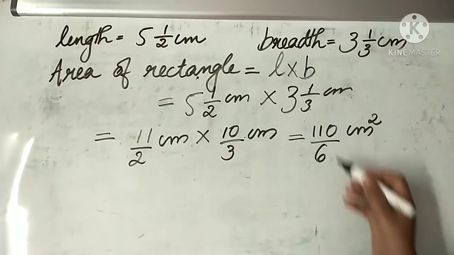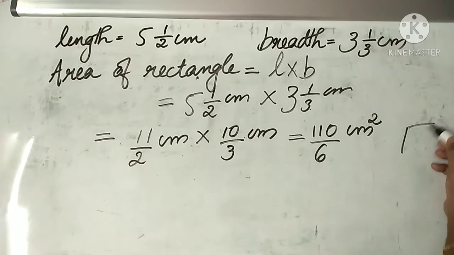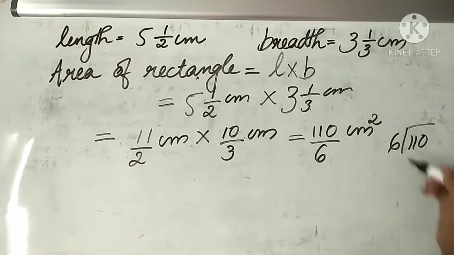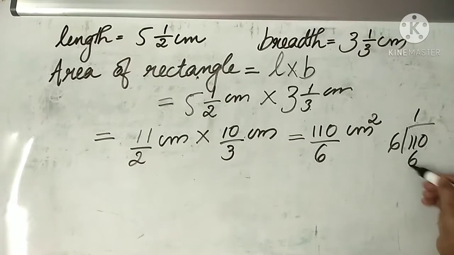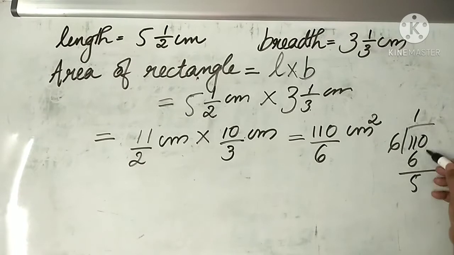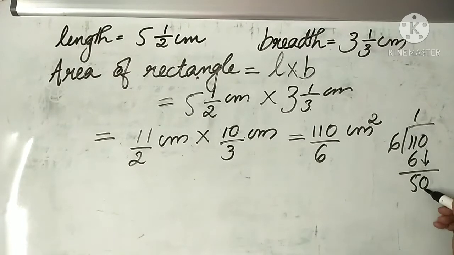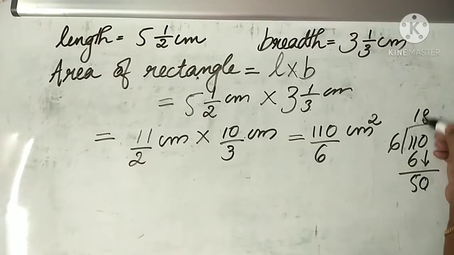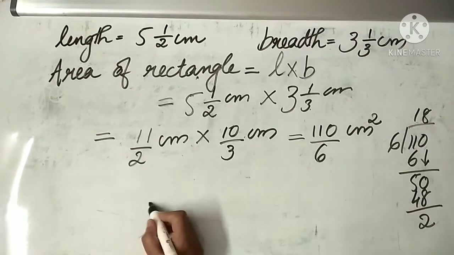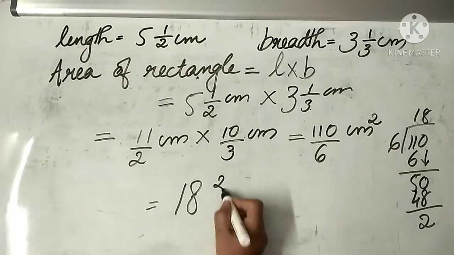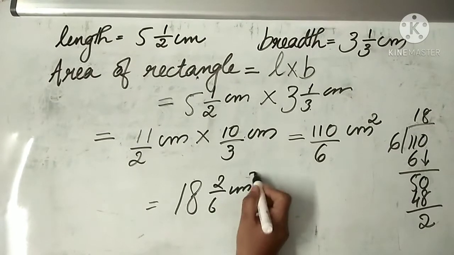Now we can divide and see. 110 divided by 6. 1 time 6. Balance 5. Take the next number down. 50. How many times? 8 times 48. Balance 2. So answer is 18 2/6 centimeter square.